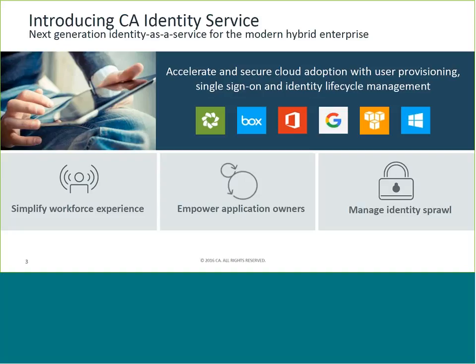There's a balance we have to strike, and it doesn't always fall into these three buckets where we can simplify our experience, empower application owners, and manage identity sprawl and the attack vectors that get opened up. With CA Identity Service, we can bring that to our customers in a seamless way that provides a best-of-breed experience, so that when we're giving access, delegating access, and managing our identities out there to these various applications, we can do so in a secure way that makes everyone's life easier.